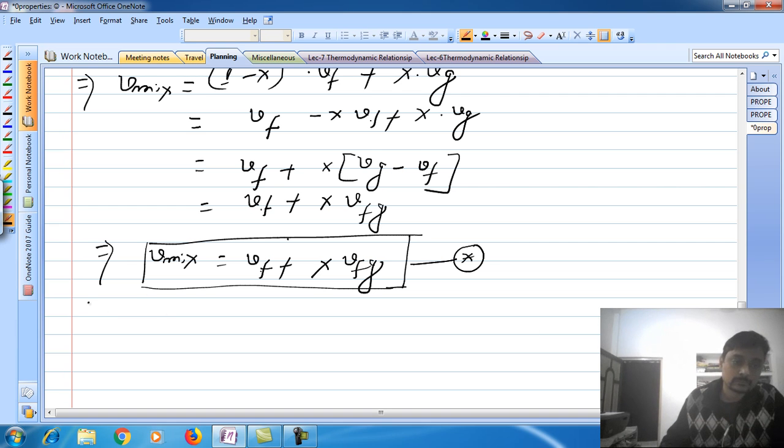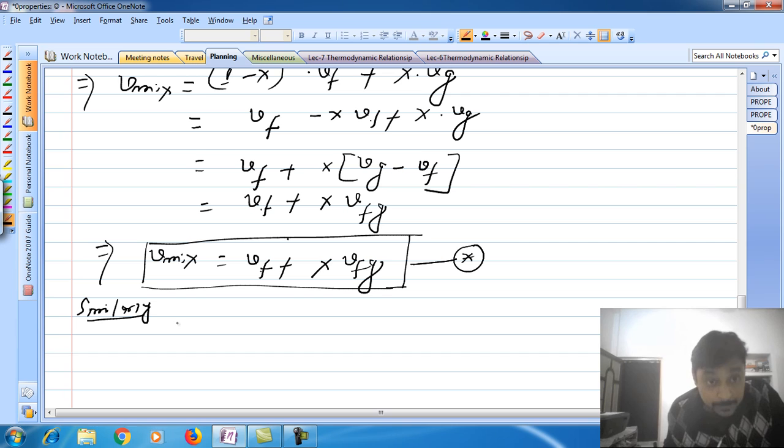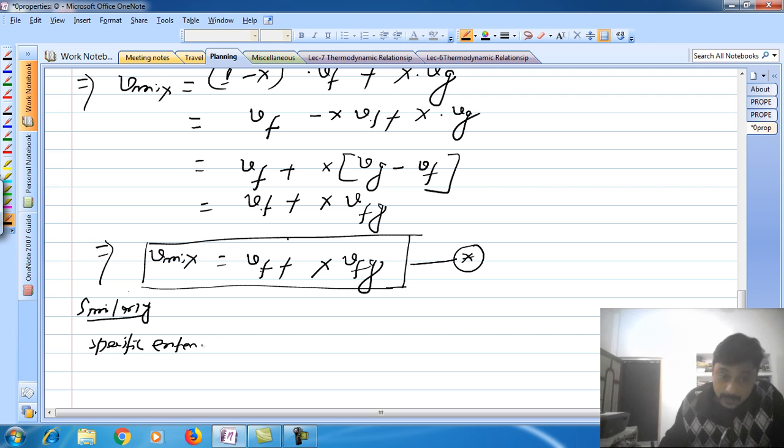Similarly, there are some different properties also studied in this section because we are studying properties of substances. This is one property of the mixture. What is the sense of this mixture? This is the wet zone. This point 1 lies in the wet zone. So a different property is the specific internal energy.